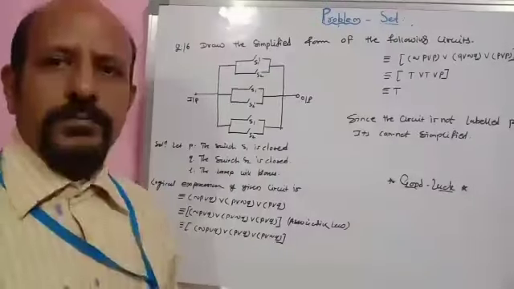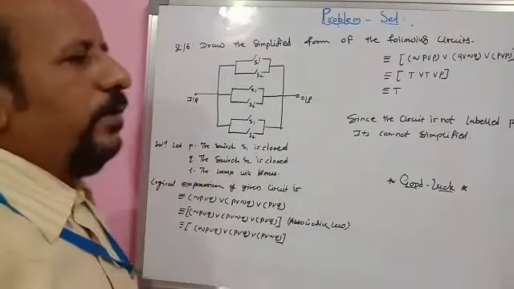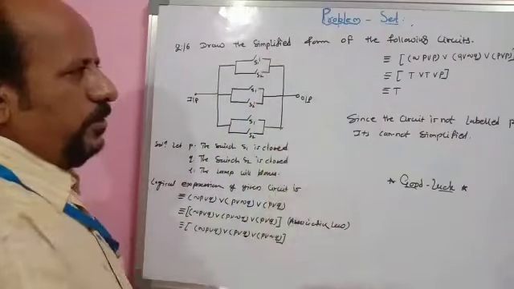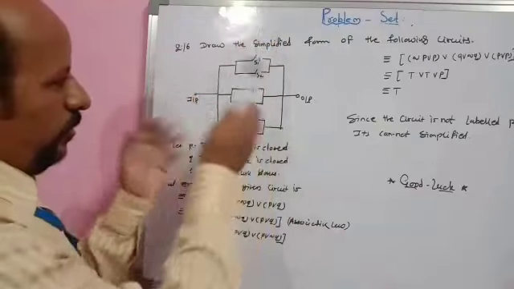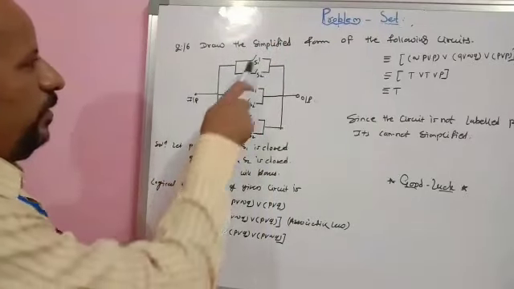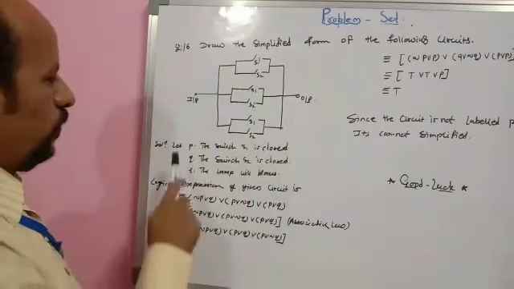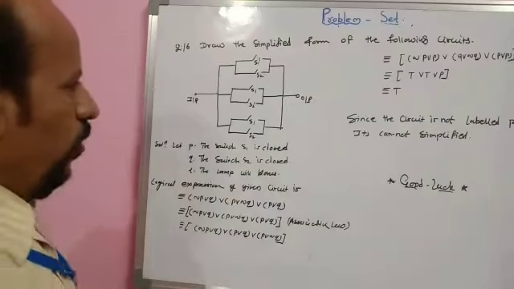Now example number 6, or 16 in the problem set. Draw the simplified form of the following circuit. The problem is the same as the previous problem. We first observe the circuit, then write S1, S2. P means the switch S1 is closed, Q means the switch S2 is closed, and L means the lamp will glow.